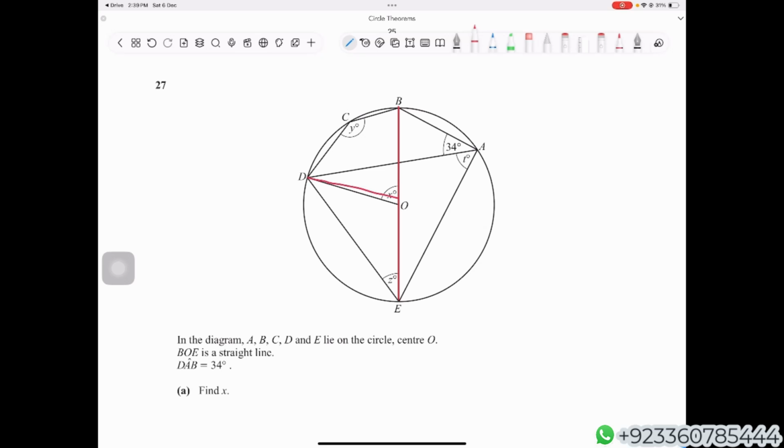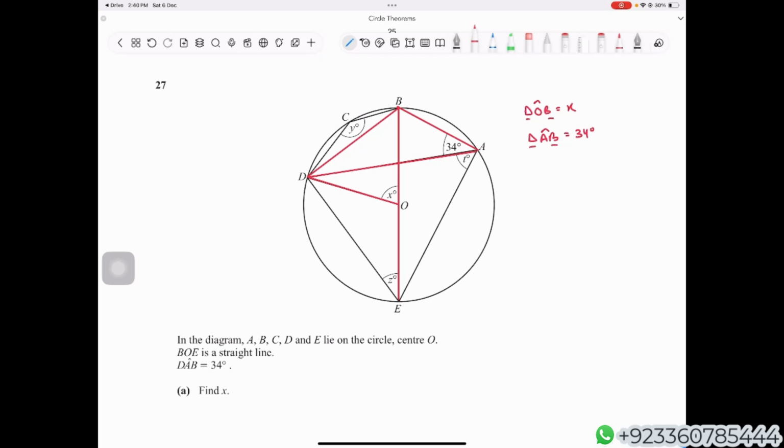X क्या है? X is the angle at the center. And can you see that अगर मैं एक chord बनाती हूँ DB से, तो can you see that DAB is the angle at the circumference? हमने क्या कहा था? हमने कहा था कि जिस भी एंगल का फर्स्ट लेटर और लास्ट लेटर सेम होगा वो एंगल सेम कॉर्ड से निकल रहे होंगे. सो कैन यू सी X जो है वो है एंगल DOB, ओके, and DAB they have given to you which is 34 degrees.